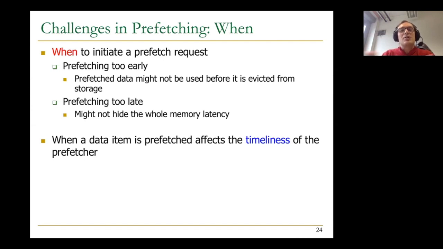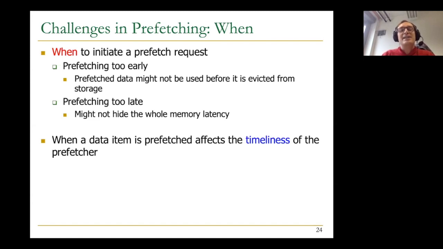Okay, so a less black and white definition of timeliness is how many cycles did it take for me to complete the useful prefetch request. Here we're really thinking about useful ones. Useless ones we don't care about because clearly they're not timely, they're useless to begin with. So they're actually not considered in timeliness equations.